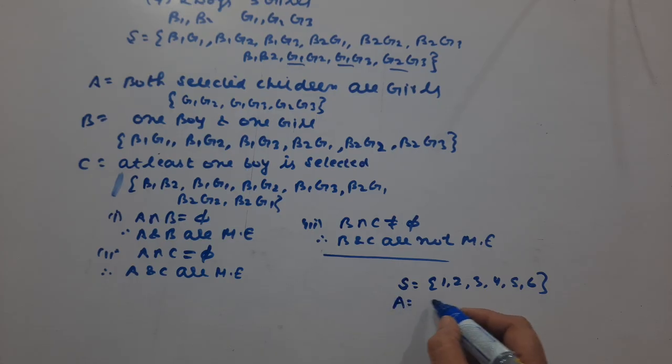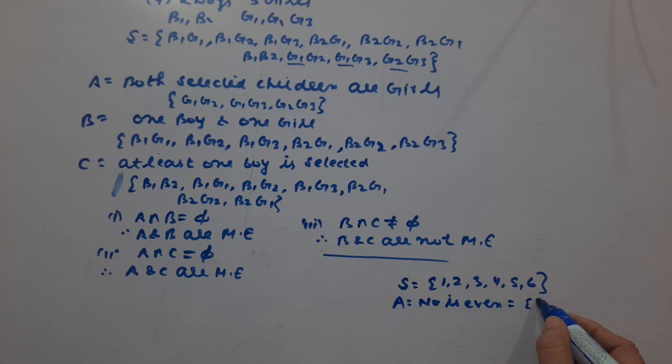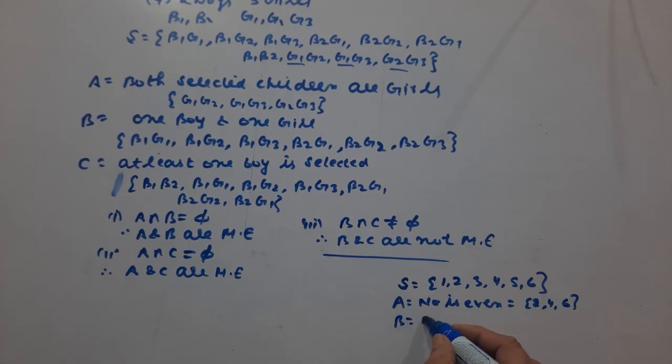Event A is that the number is even on the die, so we can write the cases 2, 4, 6. Event B is that the number is odd, so we can write 1, 3 and 5.